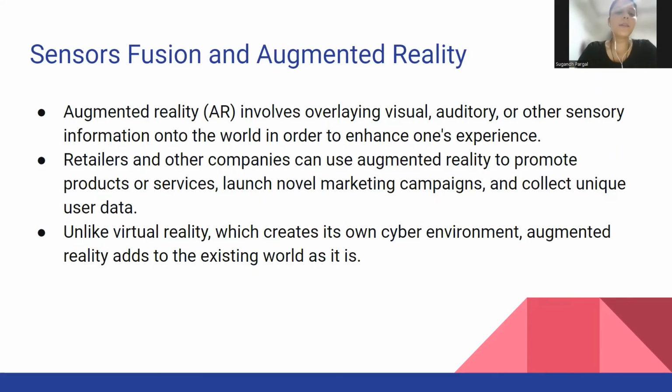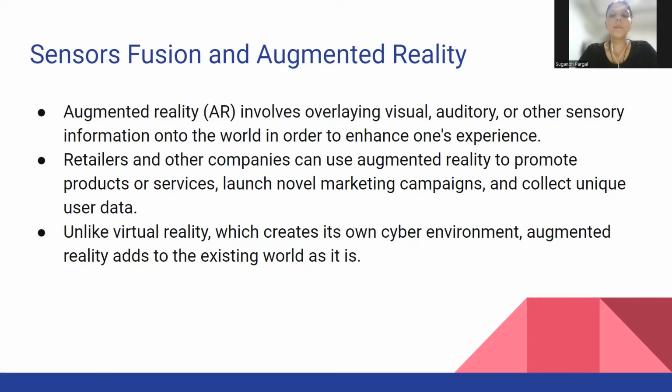The next sensing in mobile sensing is sensor fusion and augmented reality. Augmented reality involves overlaying visual, auditory, or other sensory information onto the world in order to enhance one's user experience.